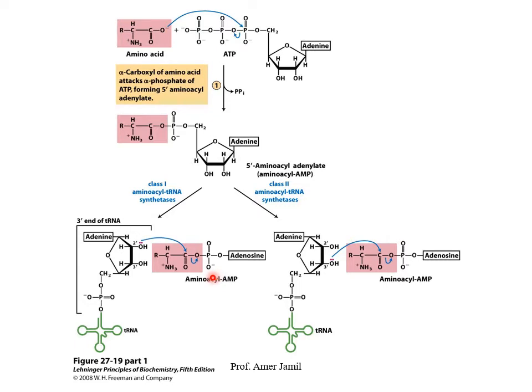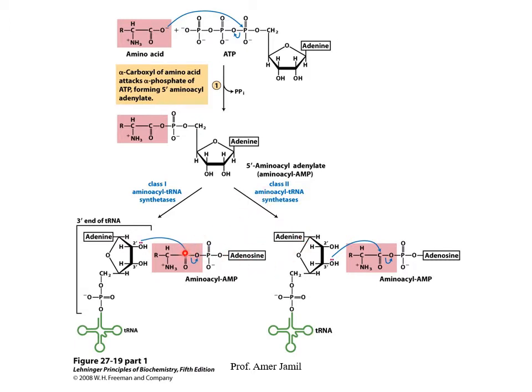This difference, as I mentioned earlier, may be there to create specificity, because the amino acid should be attached with reference to the anticodon that is present. So those amino acids should be attached specifically to their corresponding transfer RNA. That may be the reason that it is divided into two different paths.